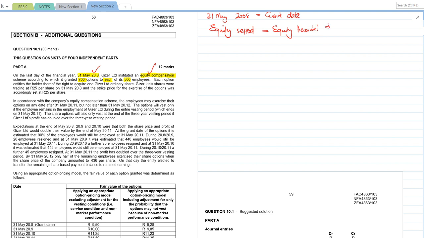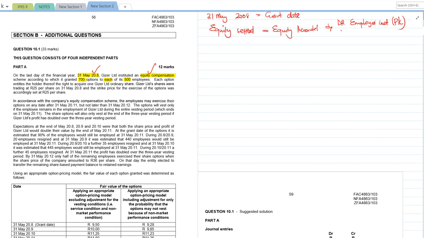What this means therefore is that I am expecting a debit entry of the employee cost in my statement of profit or loss, that's what P&L means. In my statement of profit or loss, I'm expecting an expense of employee costs.